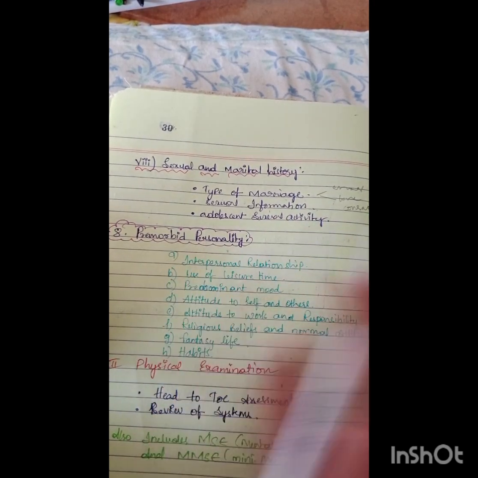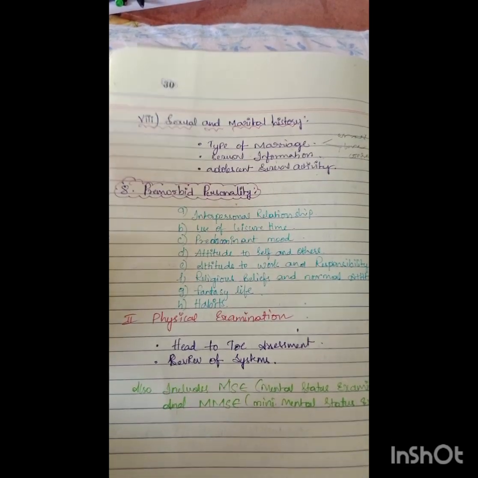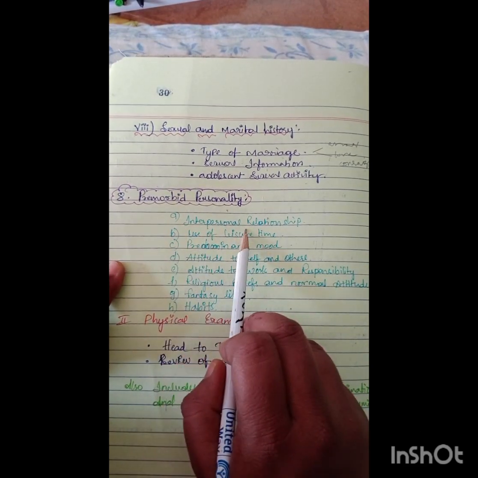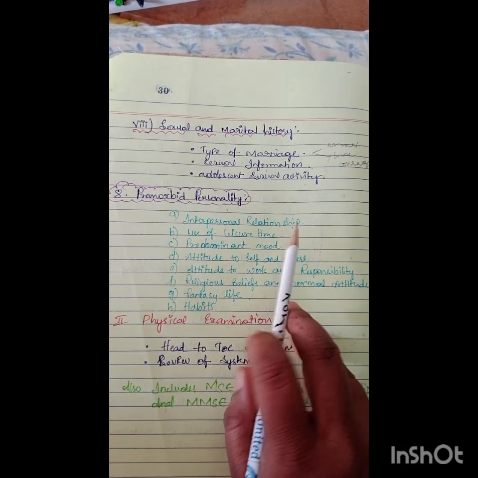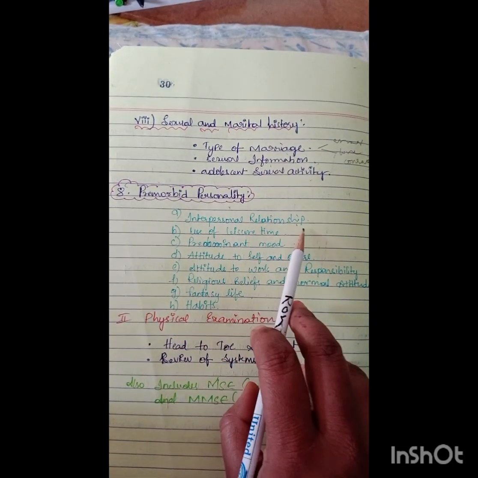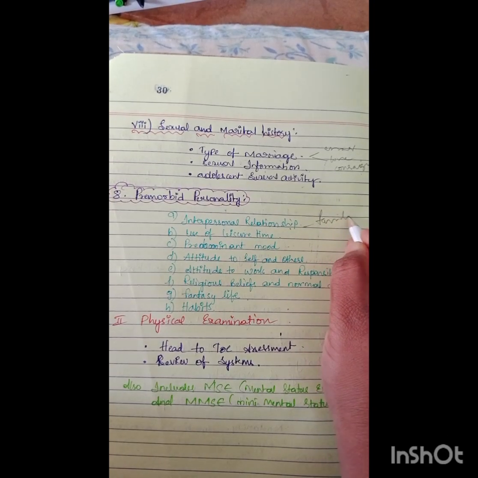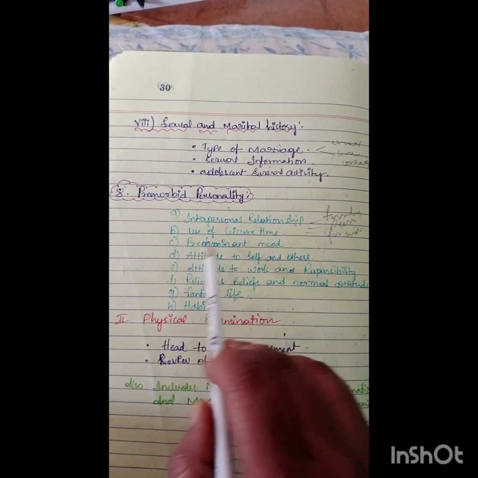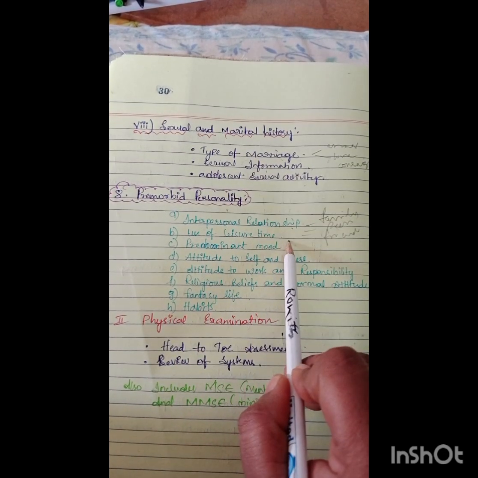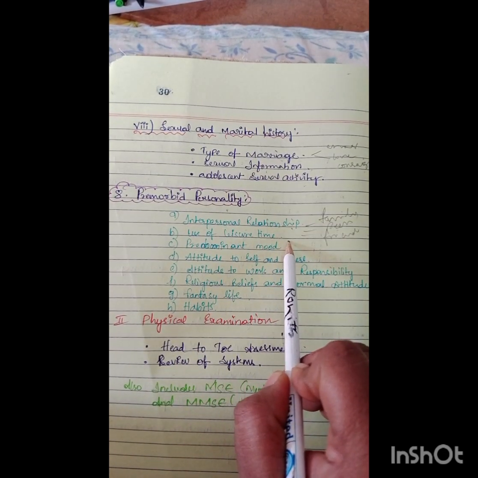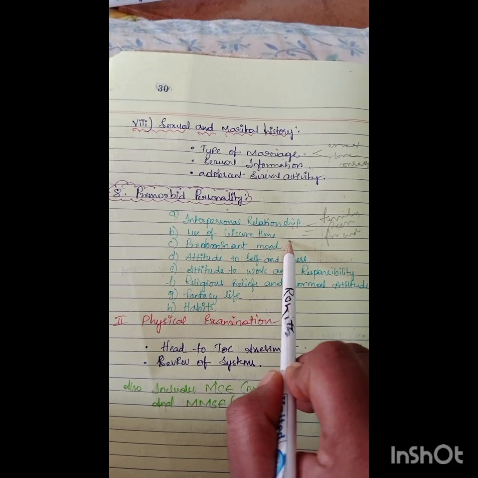And next, premorbid personality of the patient. Okay, in that, the first thing is interpersonal relationship, how the patient has maintained the interpersonal relationship with the family. Okay, and with the peer groups, and with the friends, etc. Okay, and next, use of leisure time, how the patient spends the leisure time.